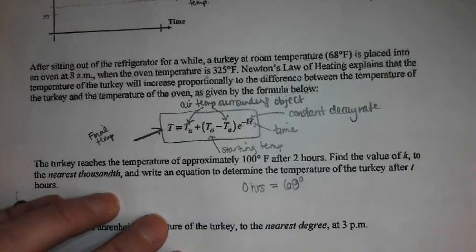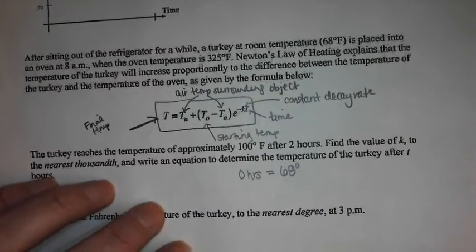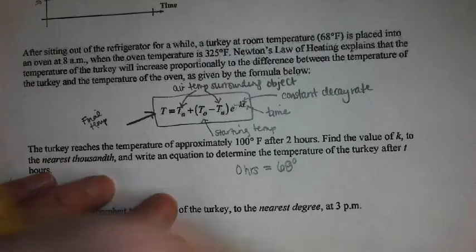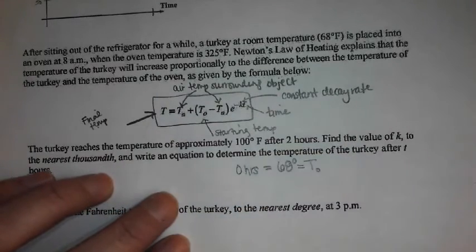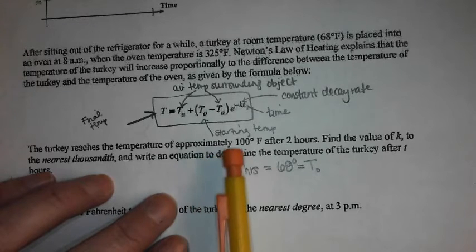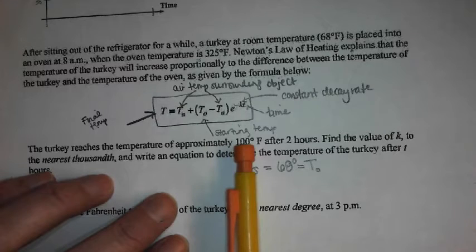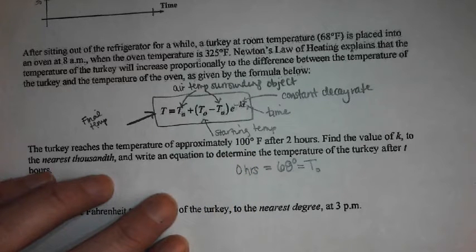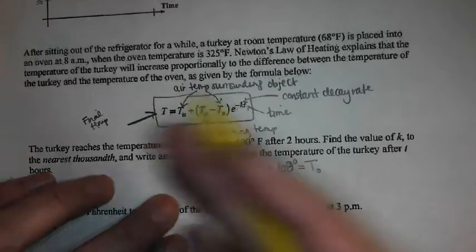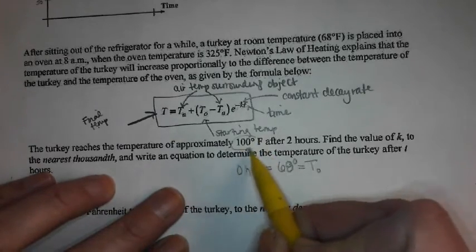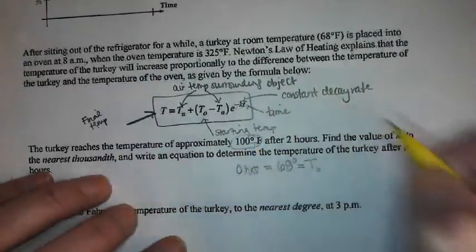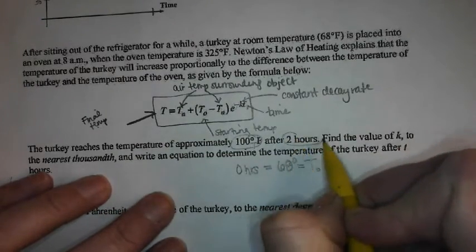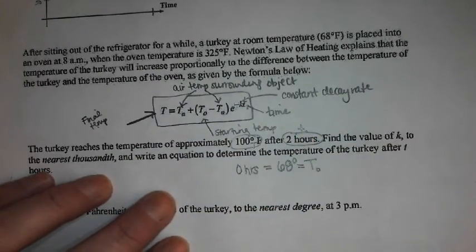Or where does the 68 go? 68 is definitely T sub 0, the initial temperature. Is 100 degrees, that's obviously a temperature, right? Is that the temperature of the space surrounding the object, or is that the final temperature? Final. At least for these 2 hours it is. So this is capital T. 2 hours is lowercase t for time, not temperature.